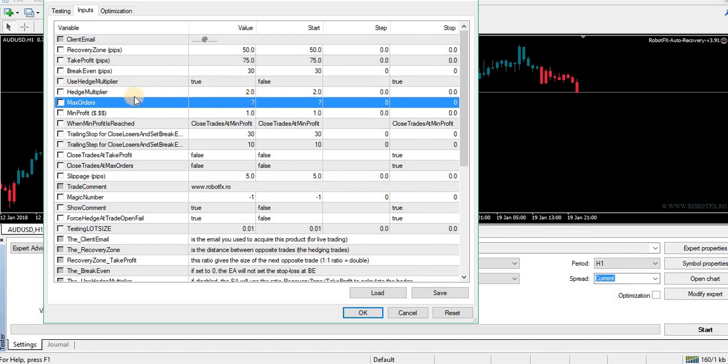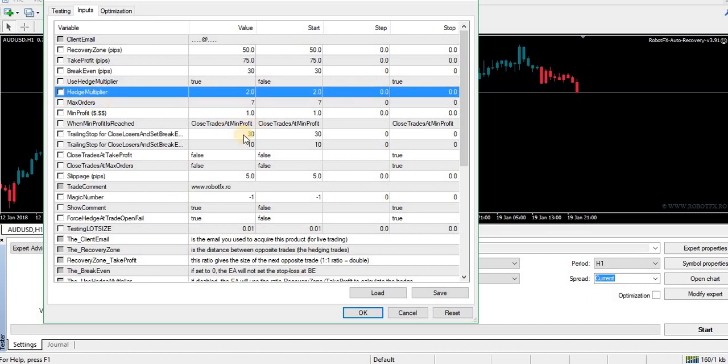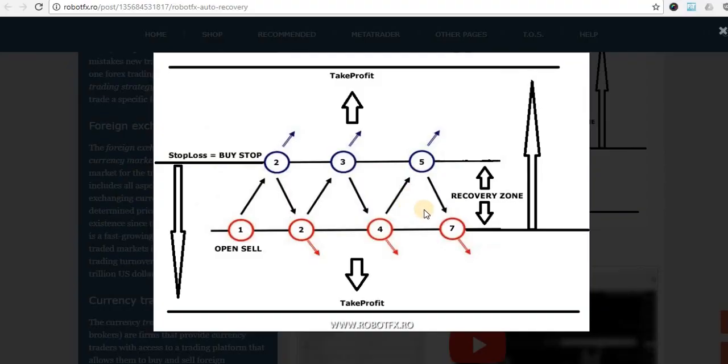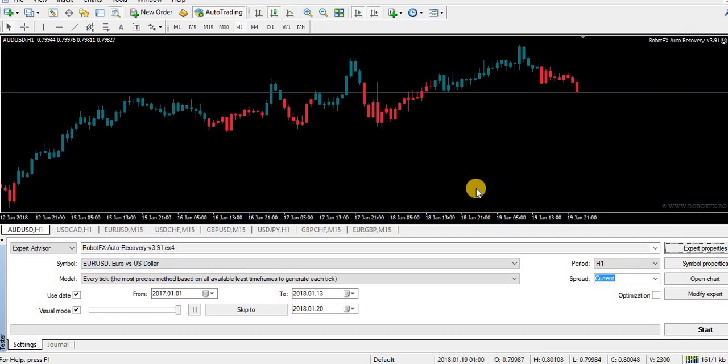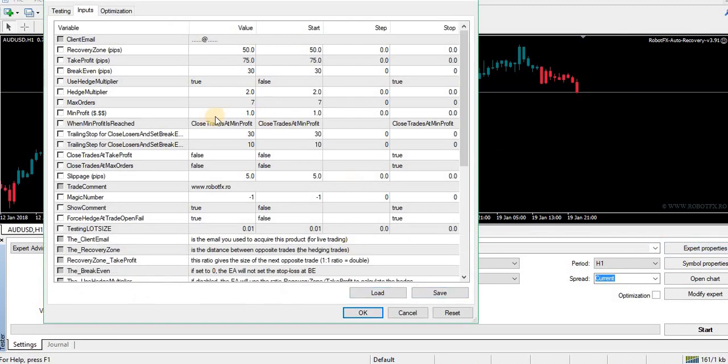And by the way, this hedging multiplier, the lot size of the hedging order, depends, as I said, not on the last order, but on all the orders of the same kind on this chart. I will very fast open the strategy tester to show you as soon as I finish explaining.